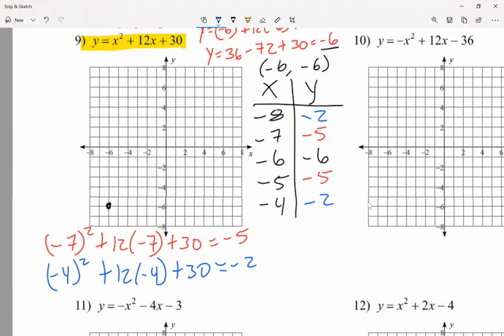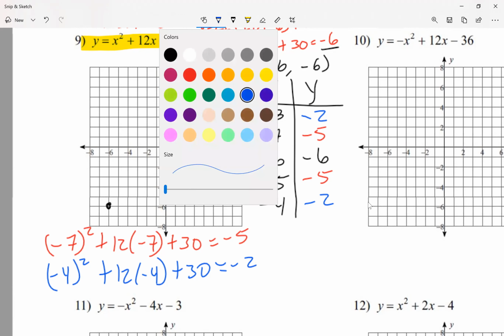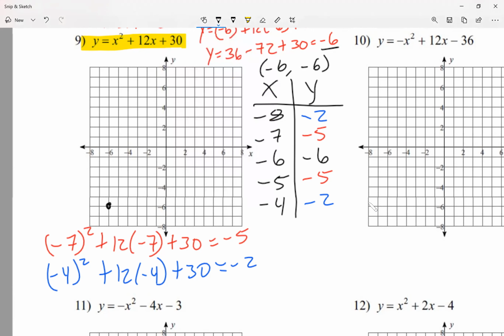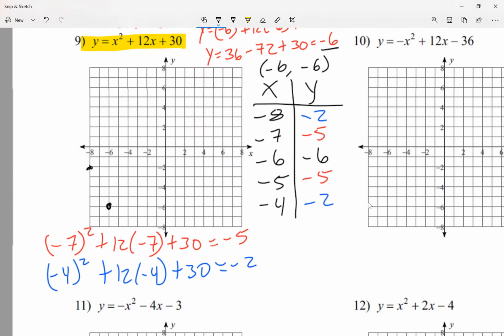So I have my y values of -2 here. Cool. The nice thing is that now I have 5 points, right? That chart gave me 5 points on my graph. One point, the coordinates are -8 and -2. So that's about there. Then -7, -5. I also have the vertex -6, -6, which is already there. I have the point -5, -5.